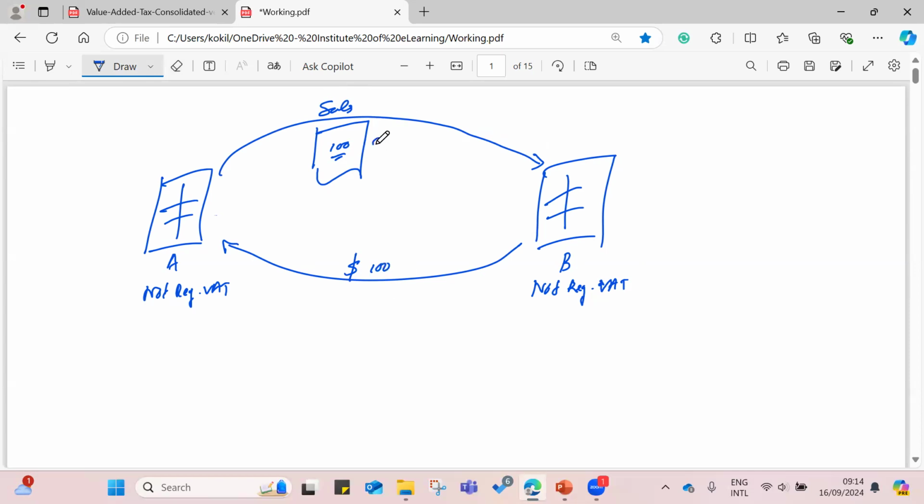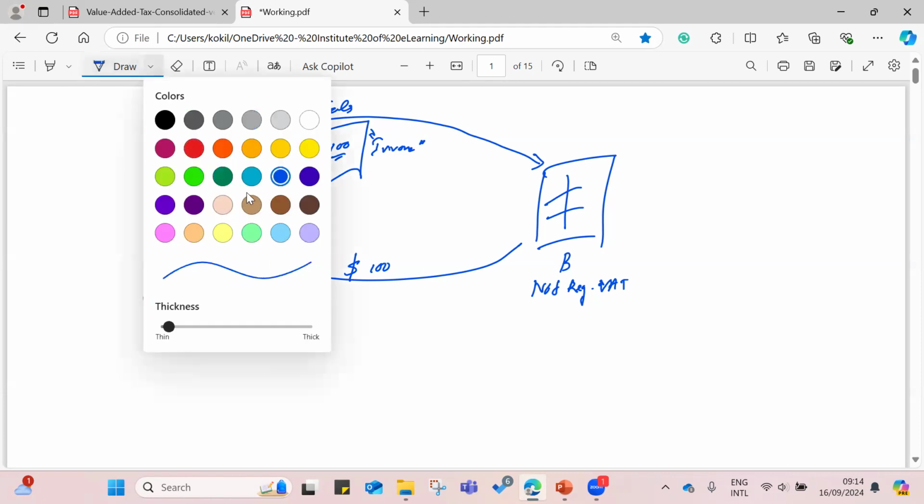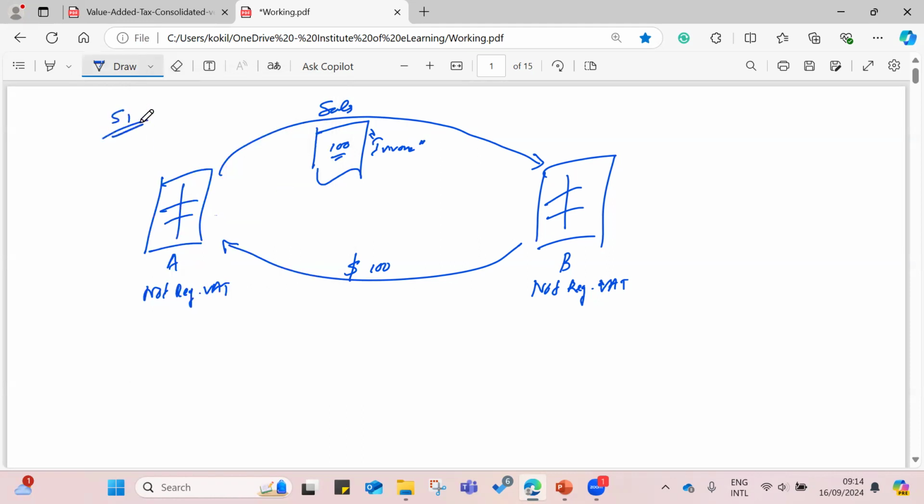This is a normal, plain invoice. This transaction is happening between two non-registered companies, both parties not registered. This is scenario one.